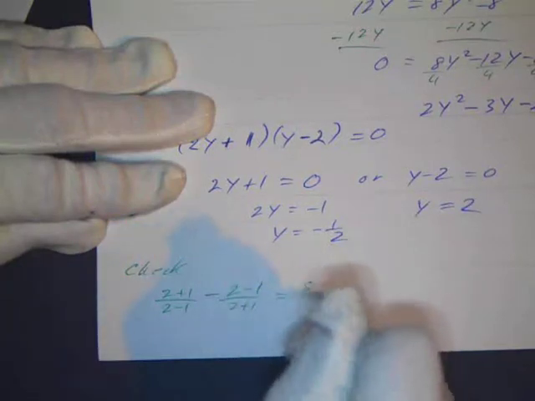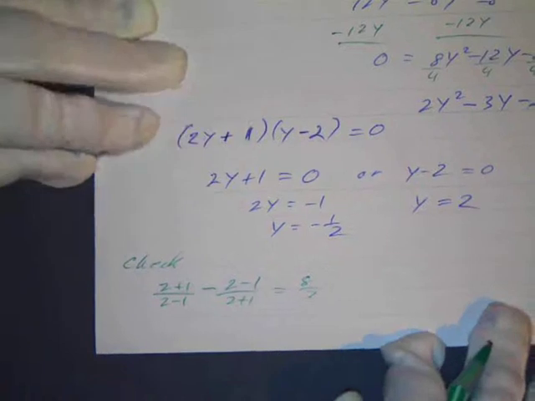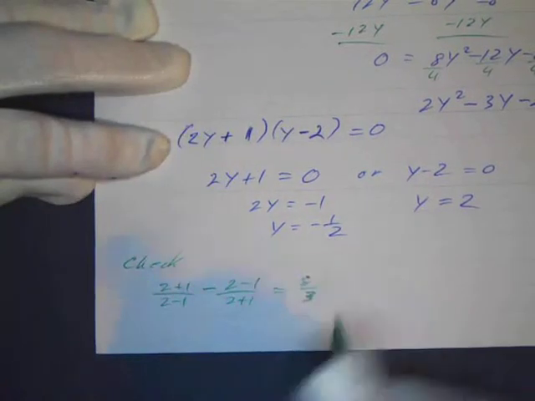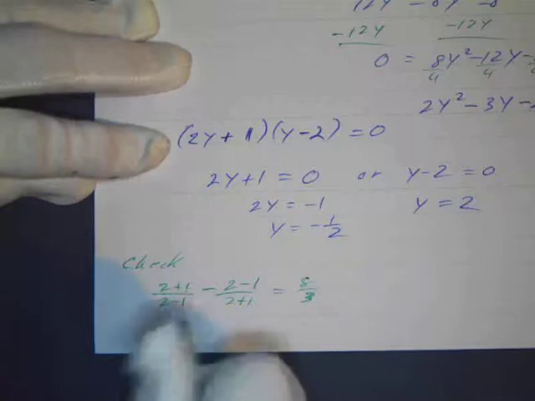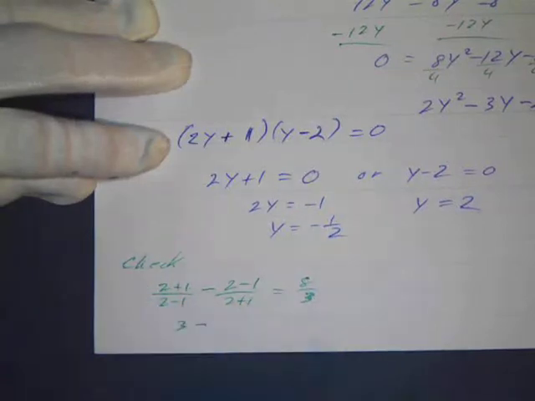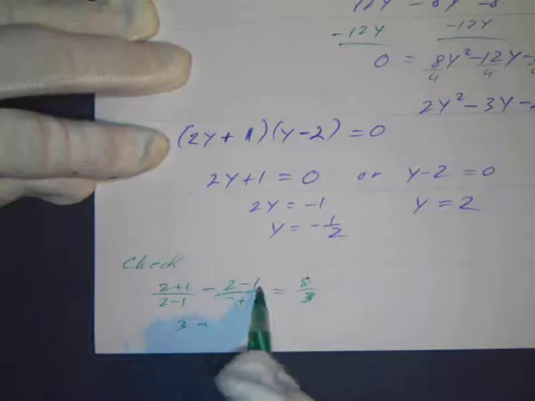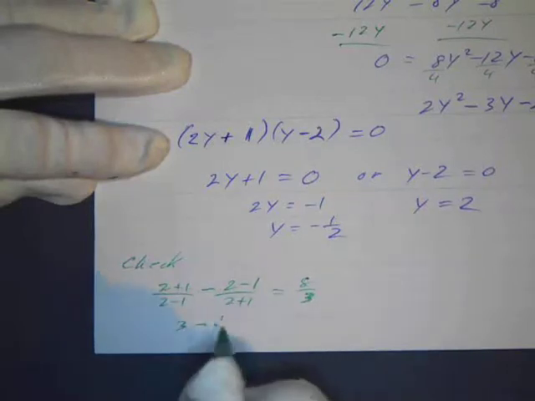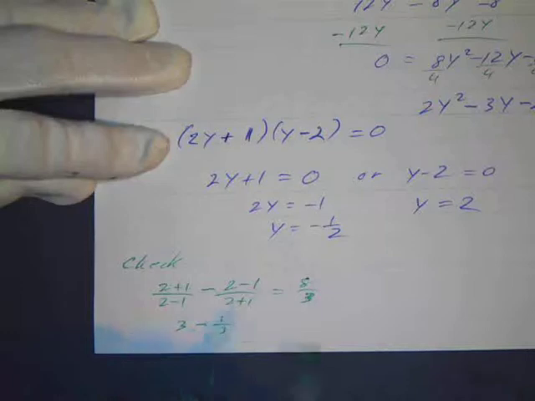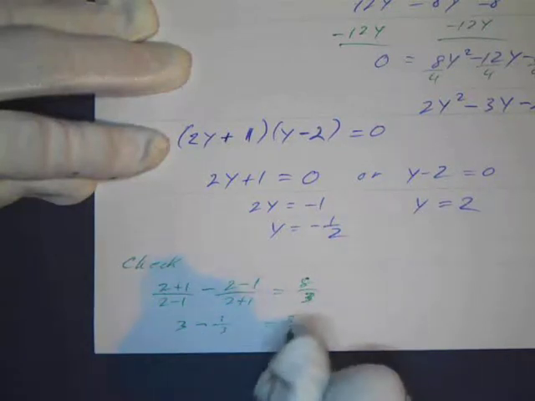Does that equal 8/3? Well, 2 plus 1 is 3. 3 over 1 is 3. Minus, and then 2 minus 1 is 1, over 3, and 3 is 9/3, so 9/3 minus 1/3 is 8/3, so that's okay.